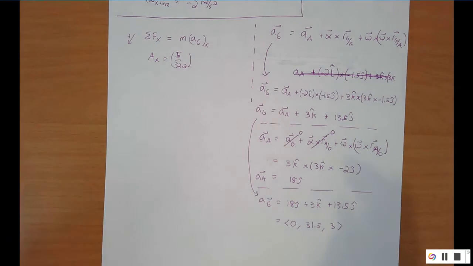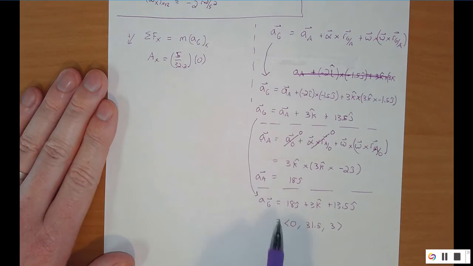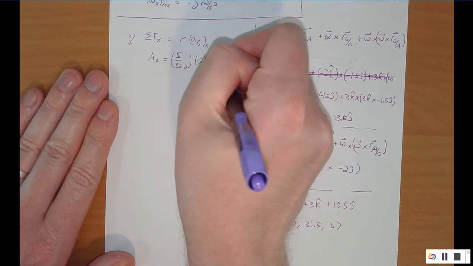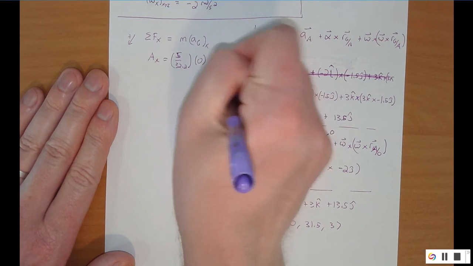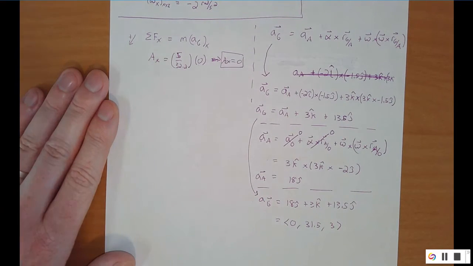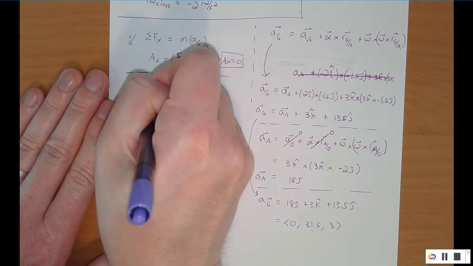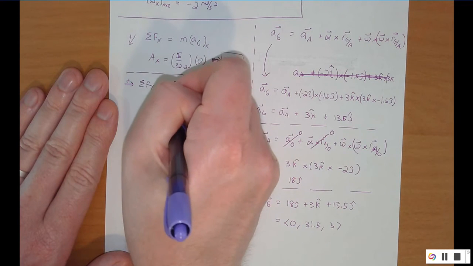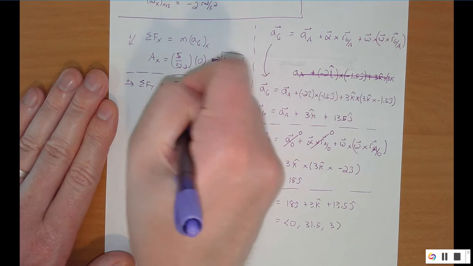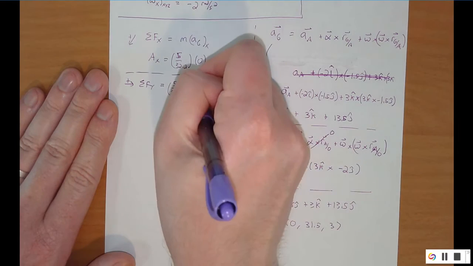Now it's pretty easy to plug all these in. Our acceleration is 0 in the x direction, which means that Ax is 0. So we have no reaction in the x direction. I can do sum of forces in the y, pointed this way, equals mass times acceleration, so 5 over 32.2, and then a_Gy is 31.5.